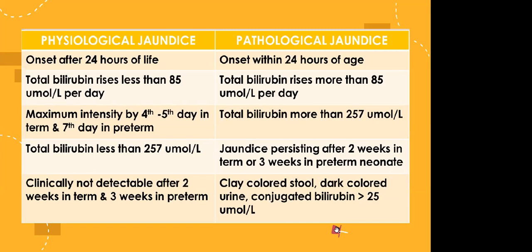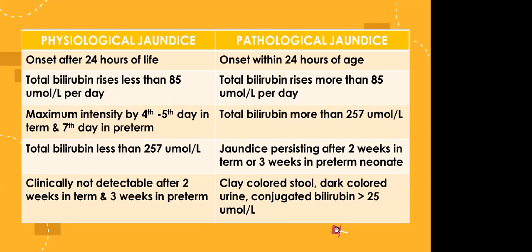The maximum intensity for physiological is the 4th to 5th day in term and 7th day in preterm, while for pathological, the jaundice usually persists after 2 weeks in term, or 3 weeks in preterm. Total bilirubin is less than 257 for physiological, and more than 257 for pathological.